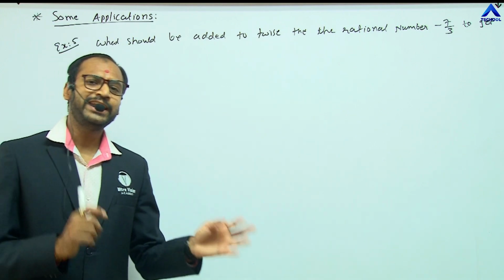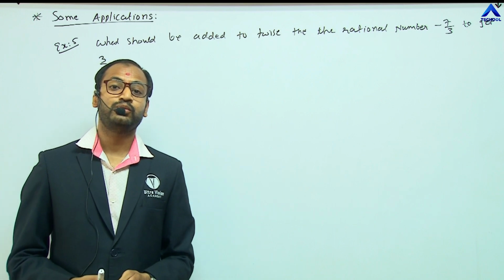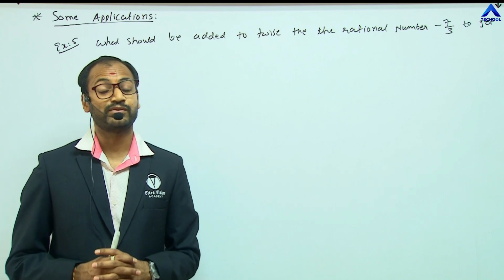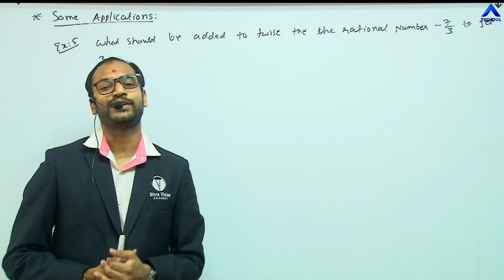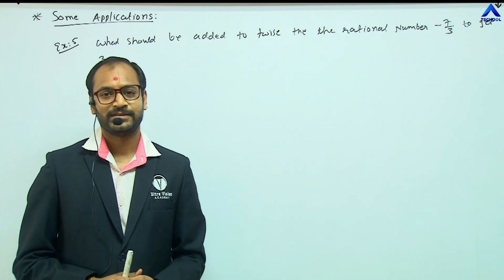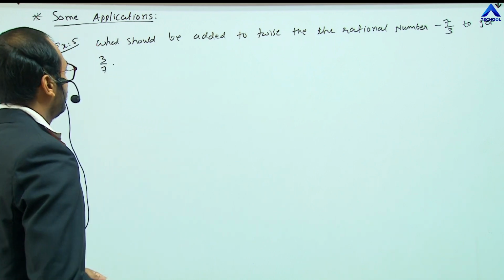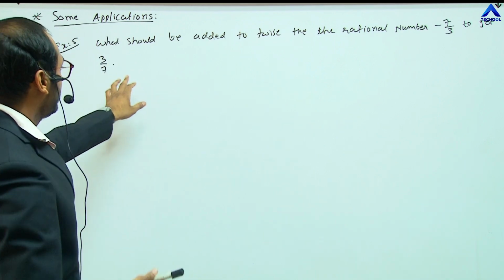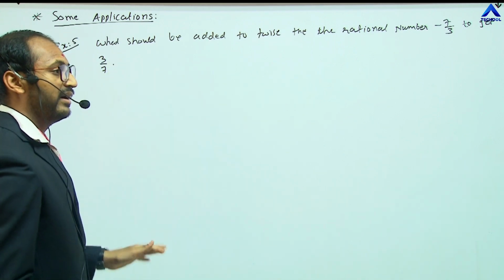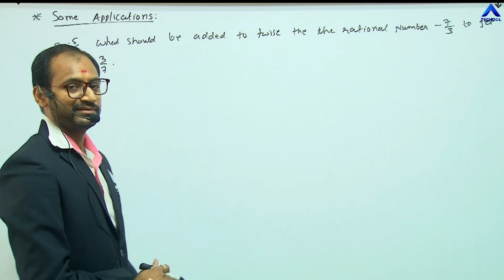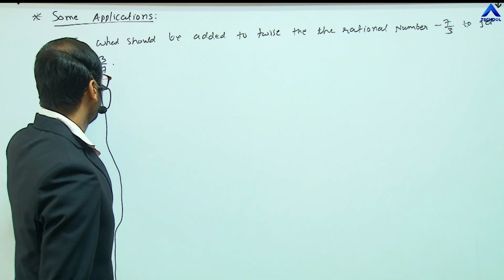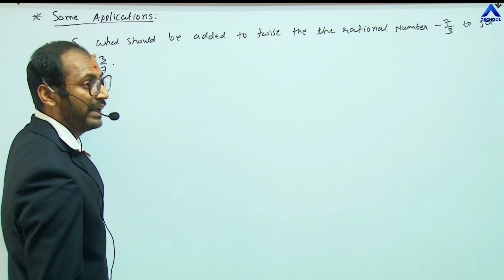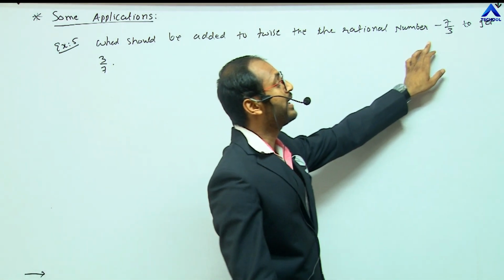To solve any problem, we have to understand the question very clearly. This is half the solution of the given question. So here our question is, we have to find a number. That number gives the result 3 by 7 in addition with twice the rational number.